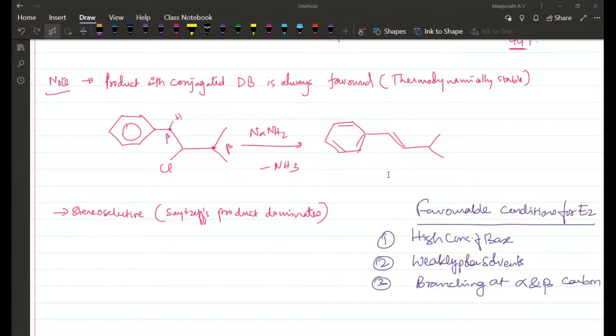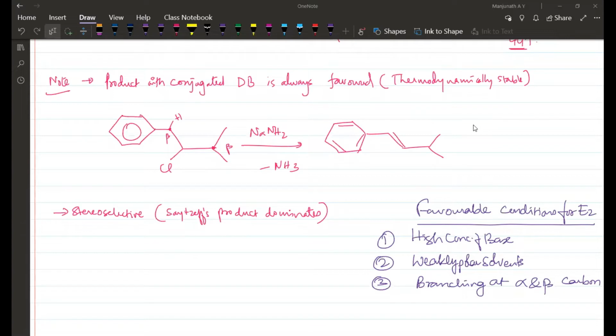Okay, let me tell you. Actually, for E2, you don't have to have a carbocation. So ions are not fully developed. Ions are not getting formed there. Only a transition species is formed, and this is one reason. Another reason is polar protic solvents always interact with the base also.